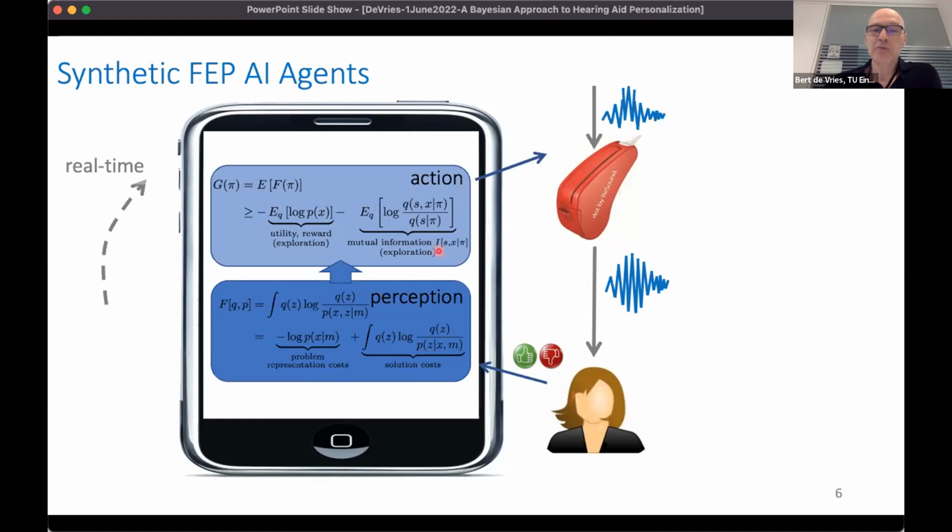Now, if I put a constraint in this free energy functional that in the future the client will only have, let's say, green thumbs up, then minimization of this free energy functional will lead to actions that, eventually, lead to the client being happy, because that's just how the free energy functional is constructed.